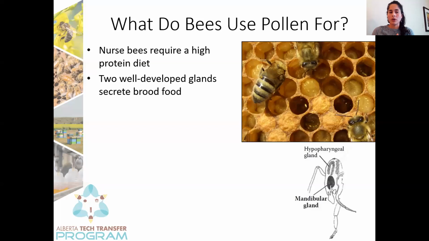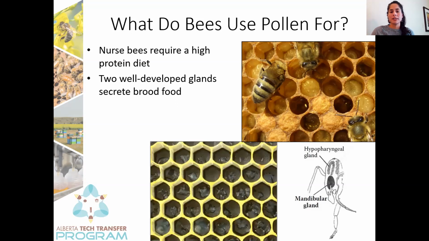They're not using them anymore. If you compare the size of these glands from a nurse bee with a forager bee, in a forager bee they're quite tiny, and they don't use them anymore. The secretion that they use to feed the brood comes mainly from these two glands. And for bees to produce this brood food, they need a high protein diet to support the secretion from these glands.